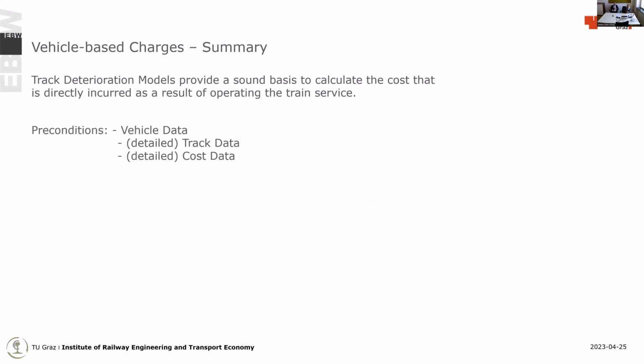Of course, it goes along with preconditions. We need to have the vehicle data. We need to have detailed track data and detailed cost data. So a lot of data, a lot of good data, because all these models are based on it.